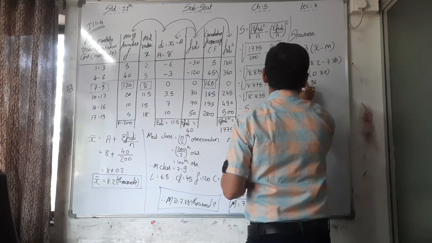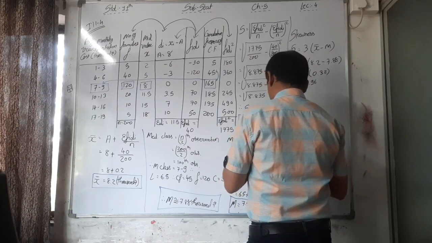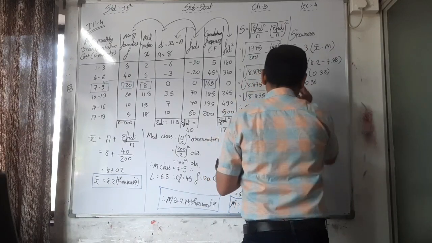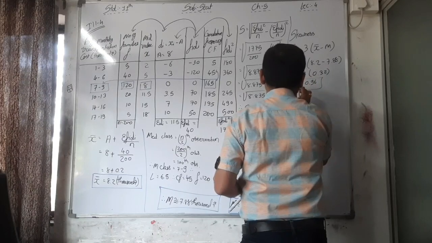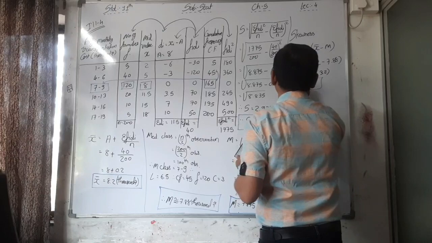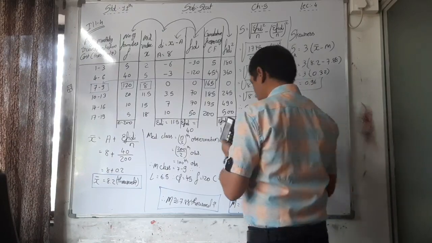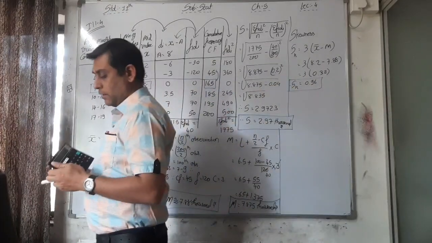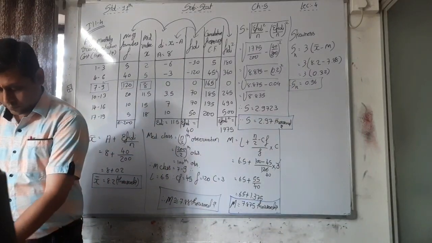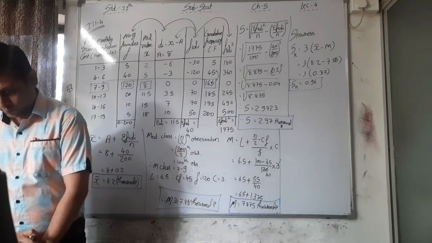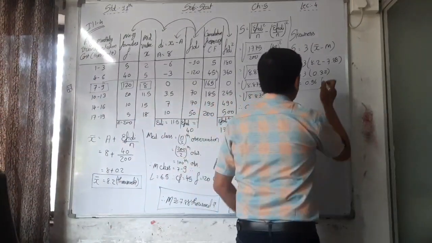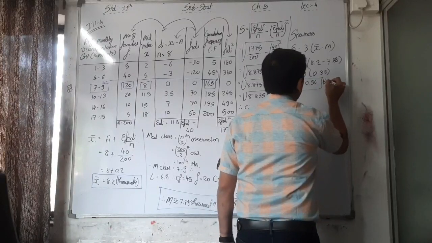That is your skewness. Sk is equal to 0.96, and here we can say 0.96 thousand rupees.